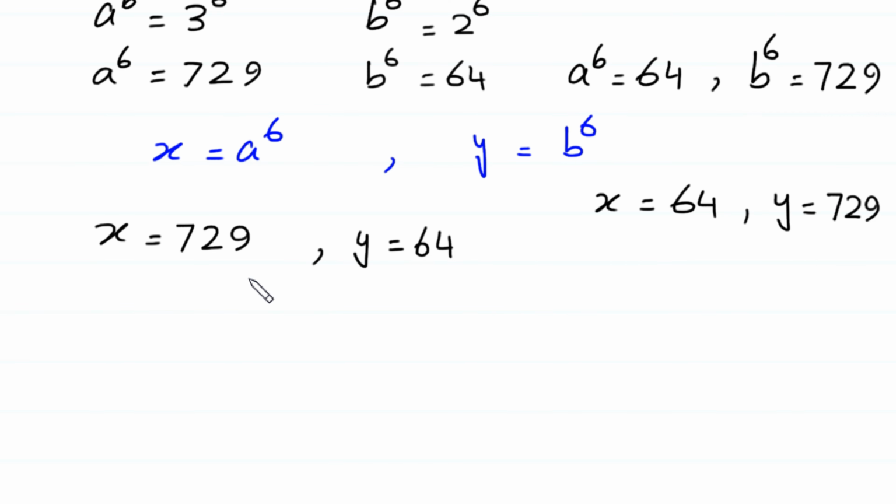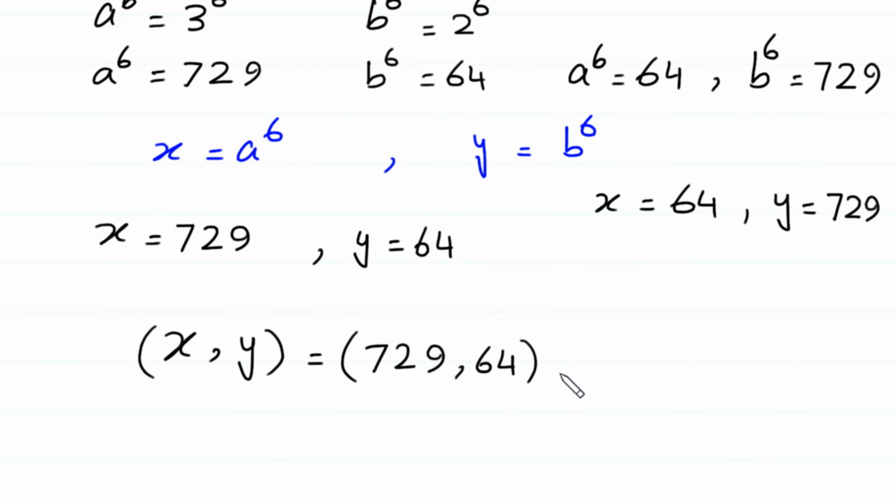So we have these two sets of solutions, x comma y is equal to 729 and 64, and 64 and 729.